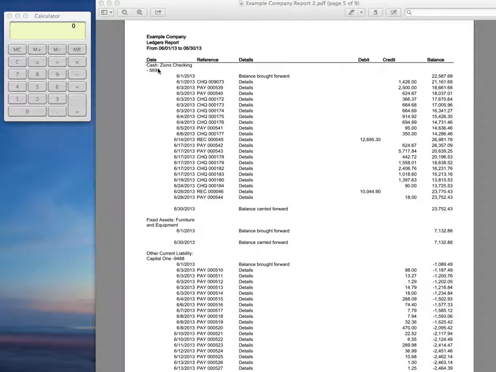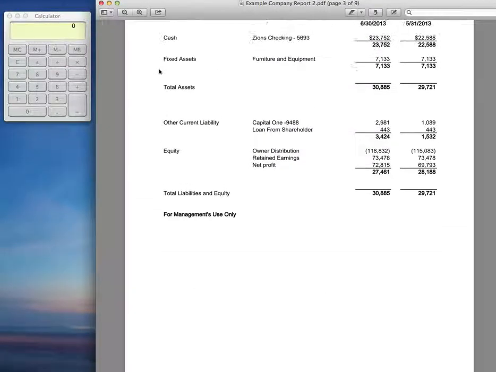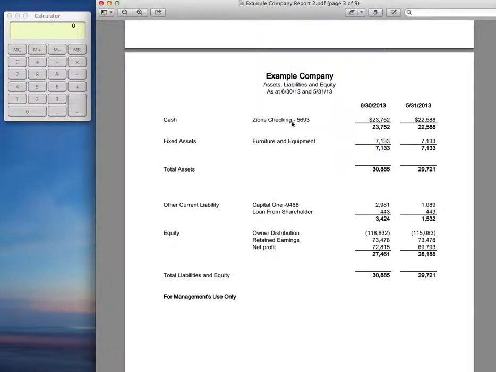The first section of the ledgers report is the cash section, and you may recognize that from the balance sheet. Zions checking 5693 began June, or ended May, and began June with 22,588 and ended at a balance of 23,752.